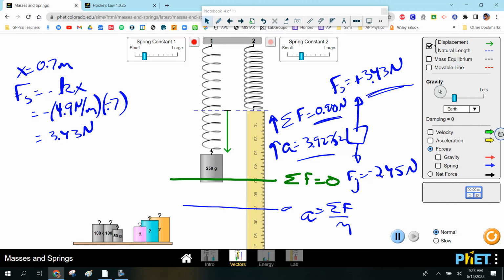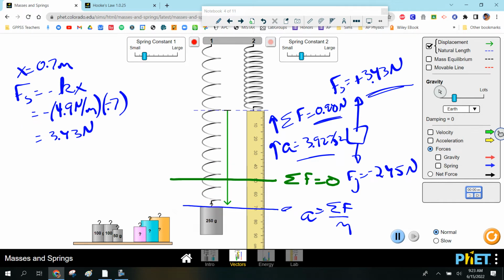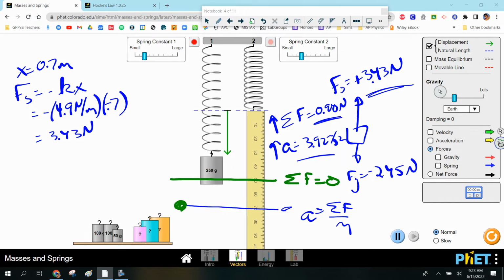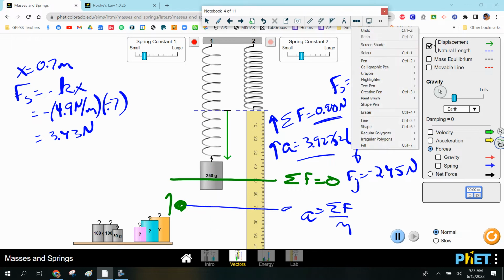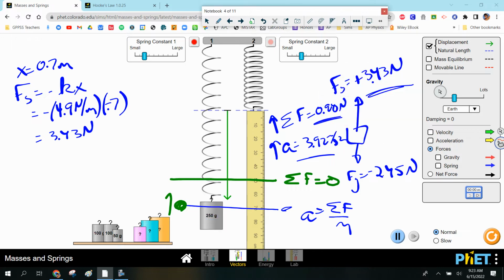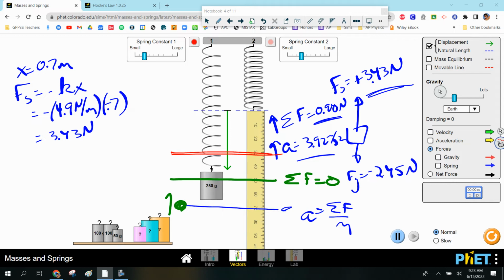When it gets to this point right here, it's accelerating upwards, and notice it stops up here, at both 70 and 30 centimeters.